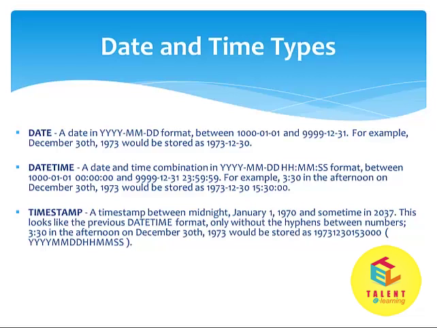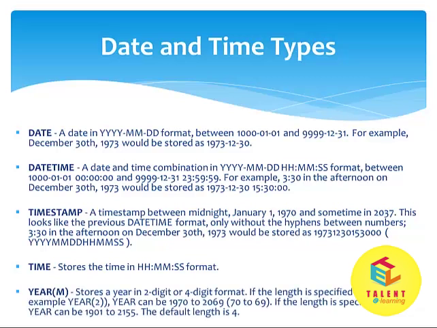A timestamp is between midnight January 1st, 1970 and sometime in 2037. That means it is like the previous datetime format only without the hyphens. It stores the time in hours, minutes, and seconds format.